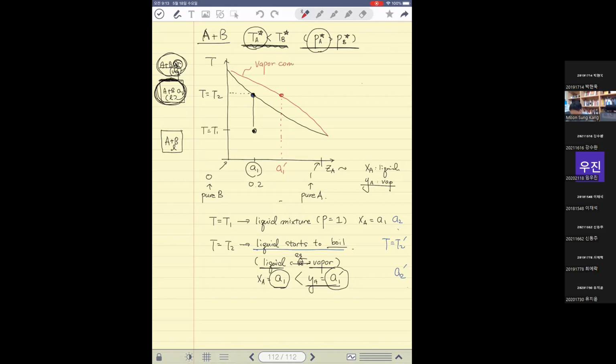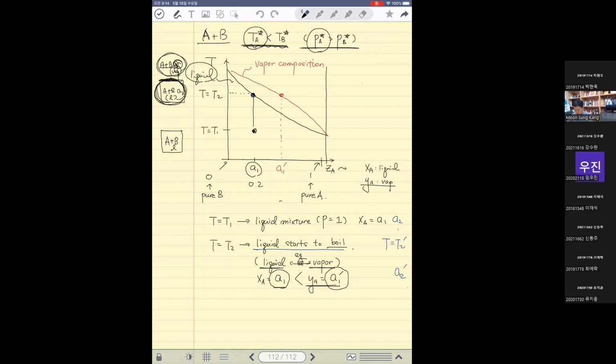Well, it tells you about the vapor. And here, well, let me do this in black. This is about liquid, right?